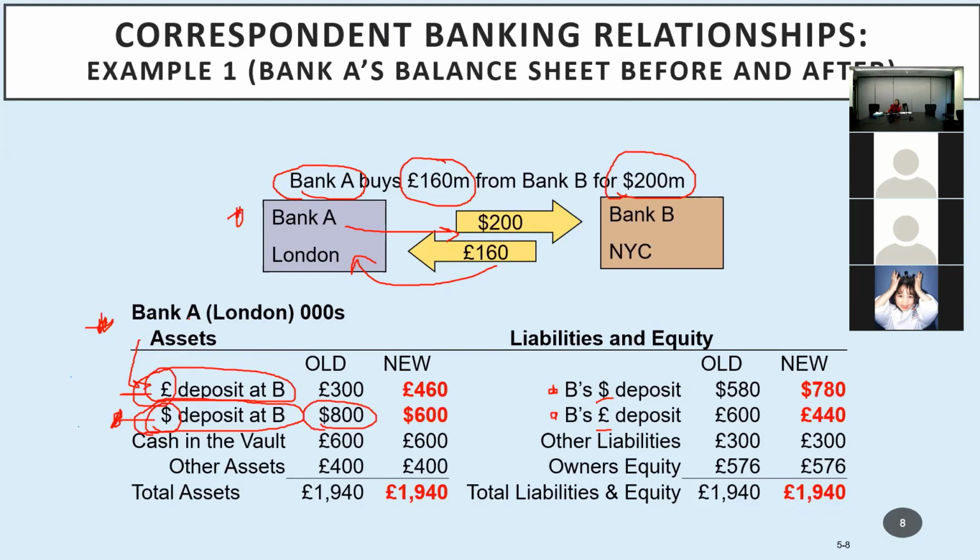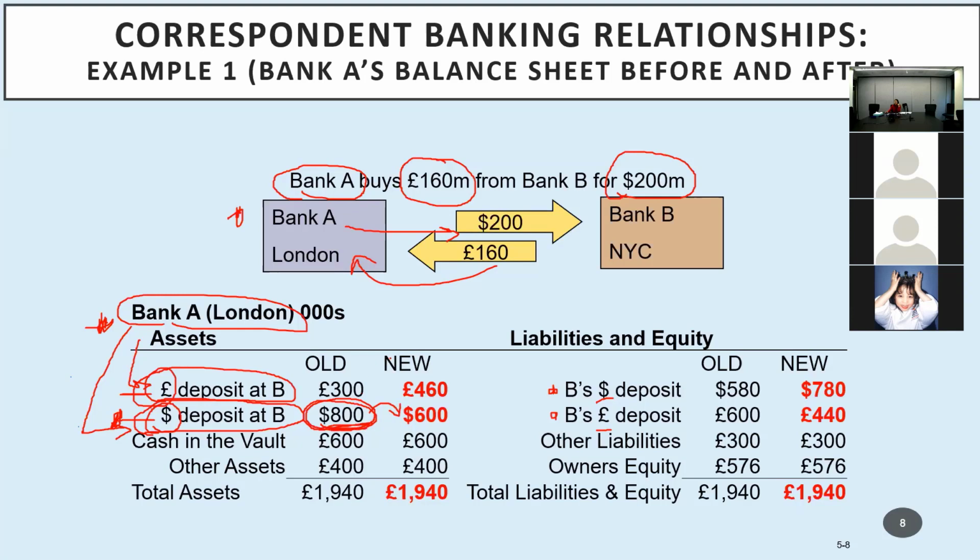So in terms of Bank A's asset, because they transfer $200 million to Bank B, it will be deducted from their deposit with Bank B. They used to have $800 million with Bank B before. After this transaction, because they give Bank B $200 million, their asset in the dollar would reduce by 200.